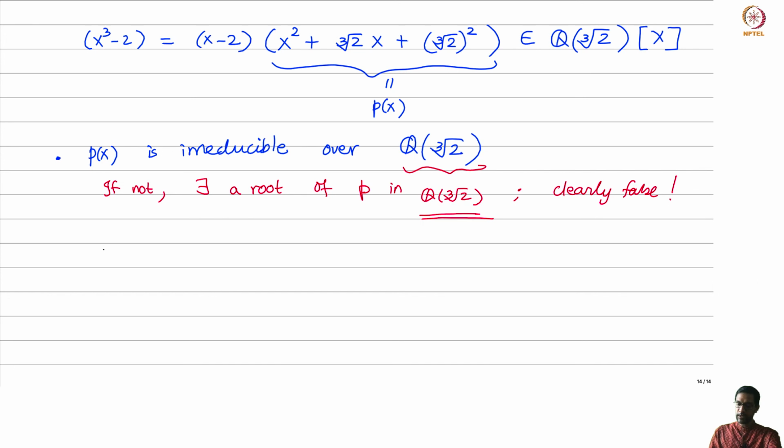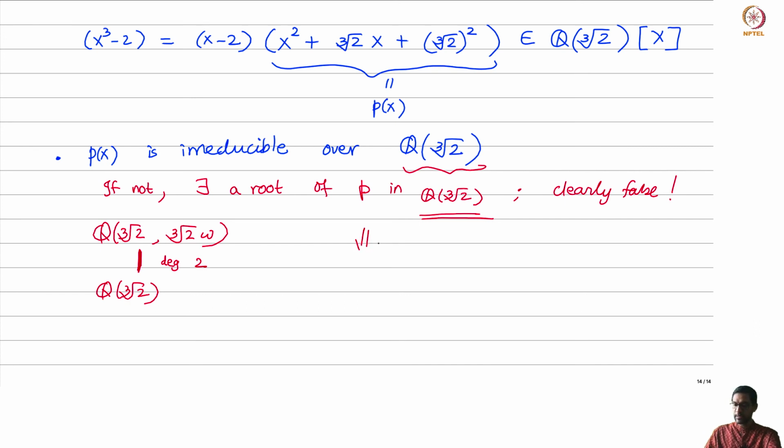What that means again is, if I take the cube root of 2 and adjoin this additional element, cube root of 2 times omega, which satisfies the polynomial p, and that polynomial has degree 2 and is irreducible, then the degree of the extension is the same as the degree of its minimal polynomial.